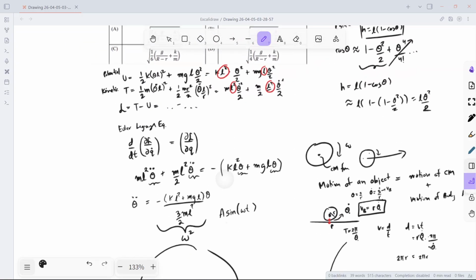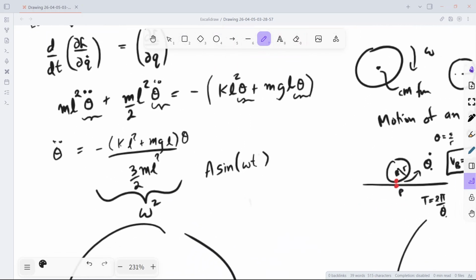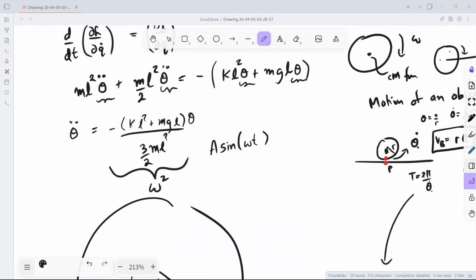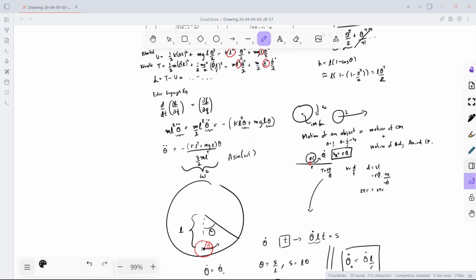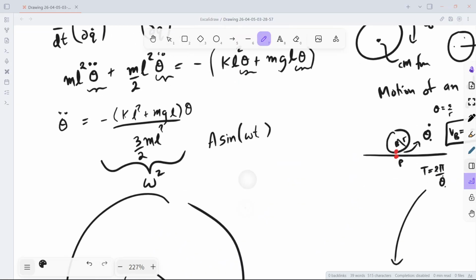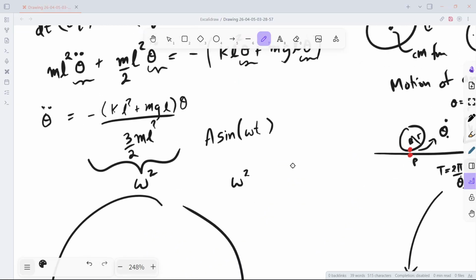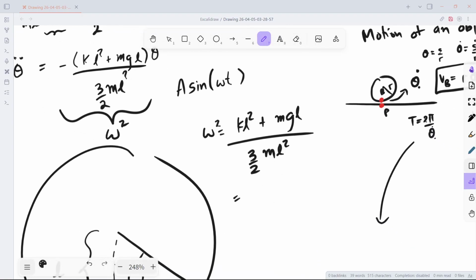I don't know if this matches any of it, but let's see if we can simplify things further. Omega squared equals (k L squared plus m g l) divided by 3/2 m L squared.